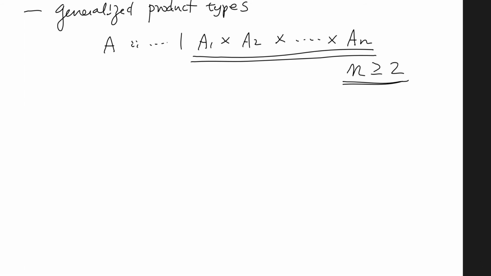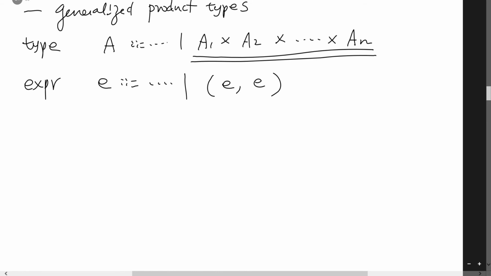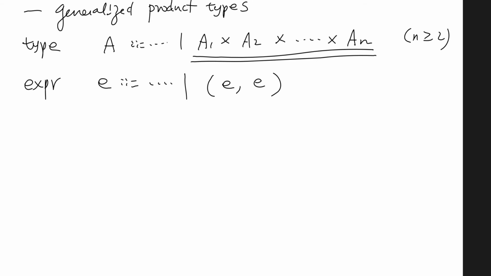And it's also easy to extend the syntax for expressions. Previously, we put 2 expressions inside these parentheses because we allowed only 2. Now, we can have 2 or more components in these generalized product types.